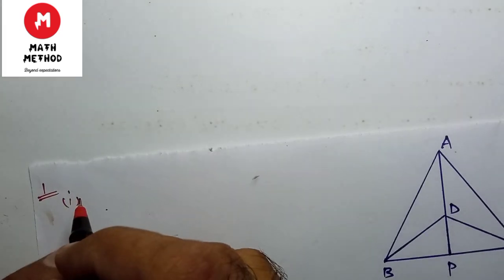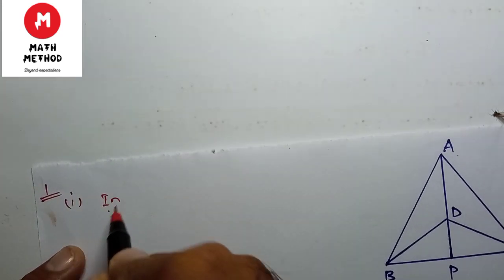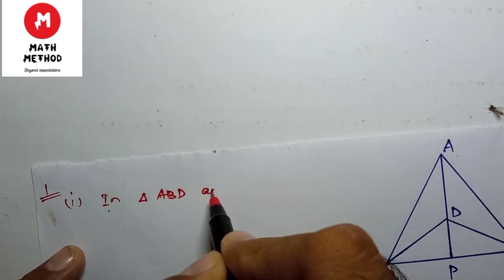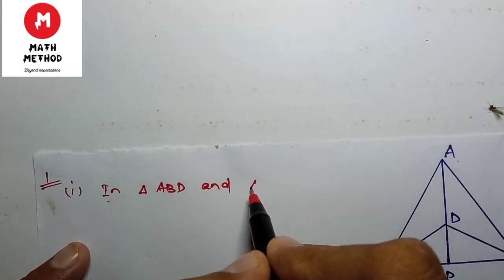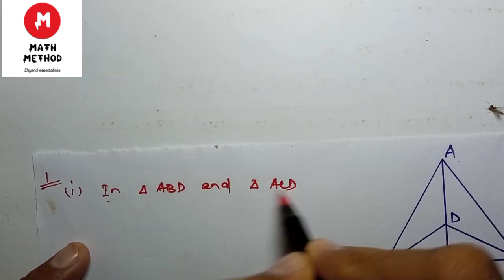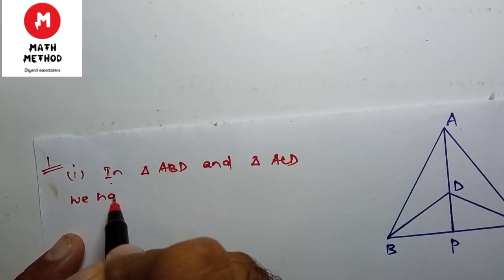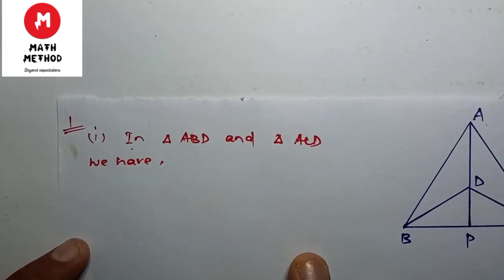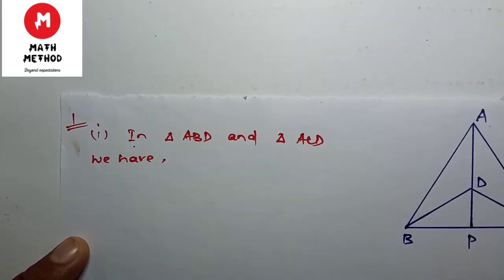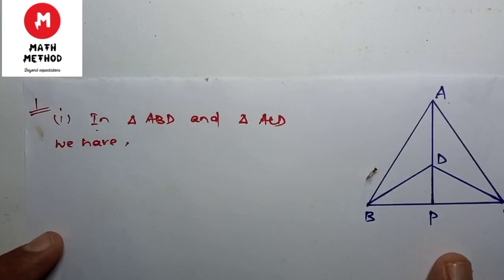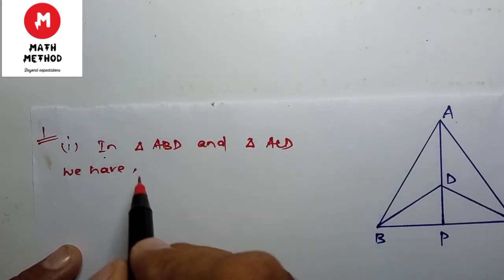Now in triangle ABD and triangle ACD, we know that AB is equal to AC because ABC is an isosceles triangle.